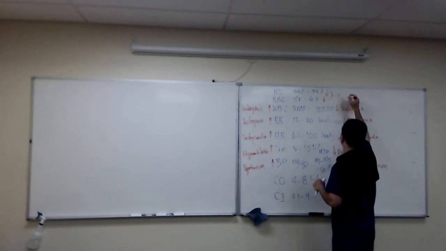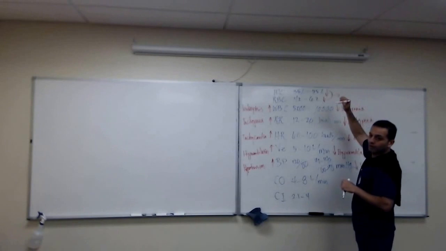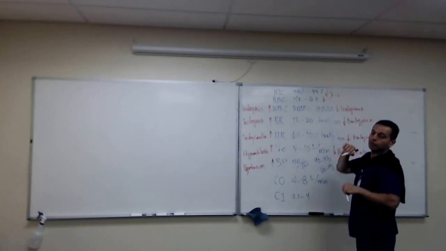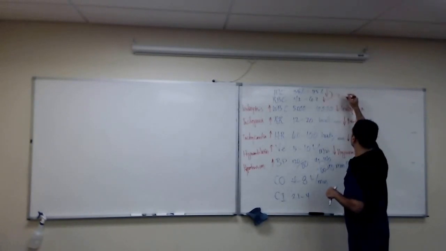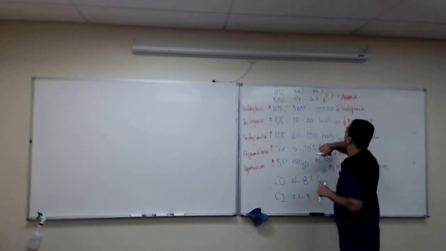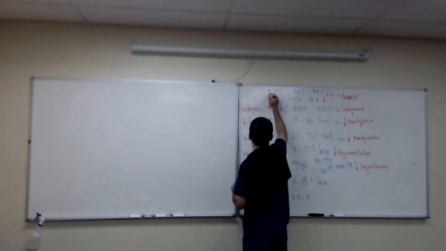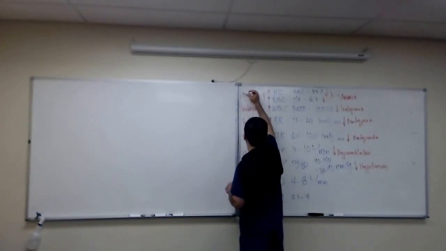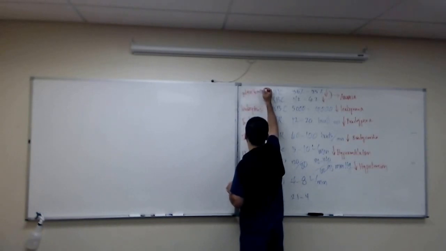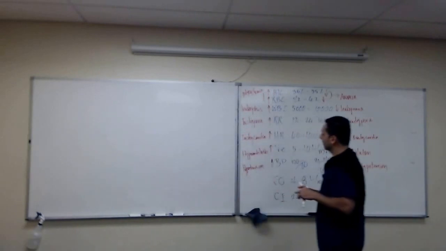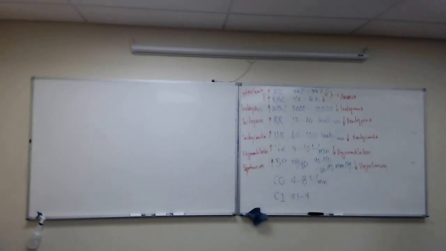What do you call that? Someone has low blood, what do you call it? Anemia. Very good. And when it is up, what do you call it? Polycythemia, right?